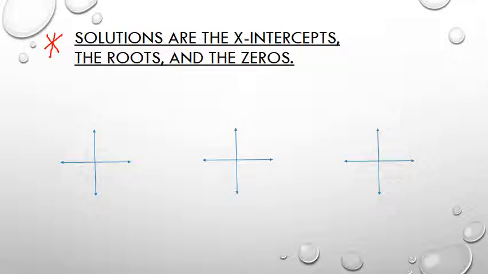All right, now, right here we've got three different types of solutions. You can have no solution, you can have one solution, or you can have two solutions.